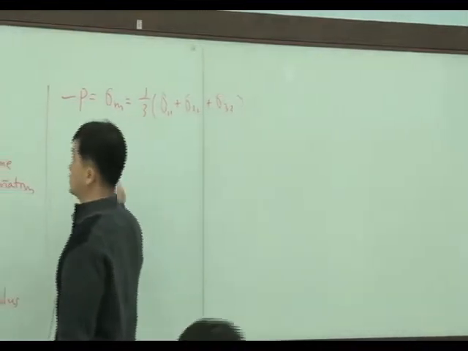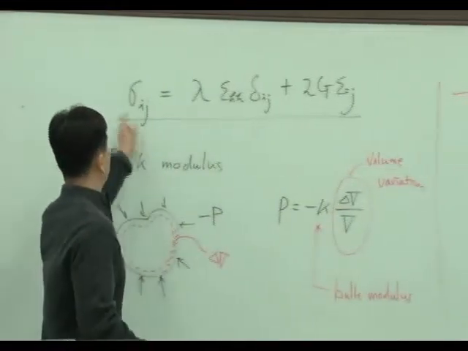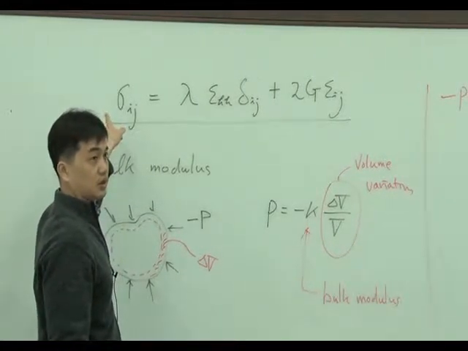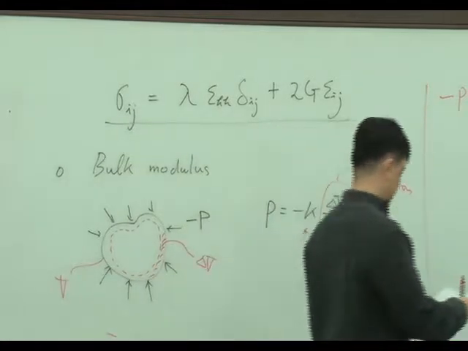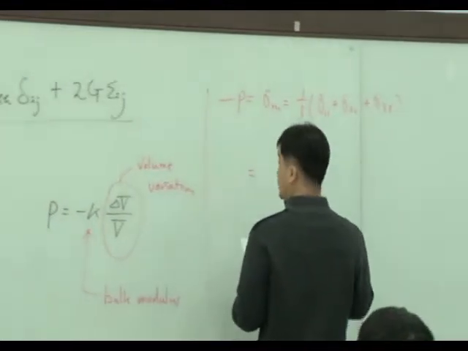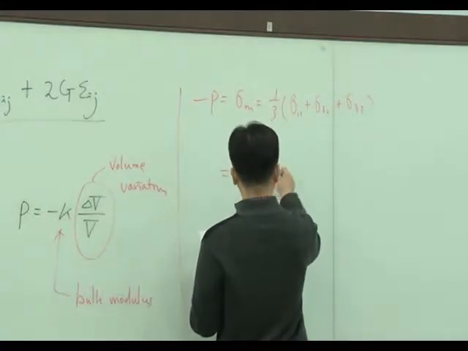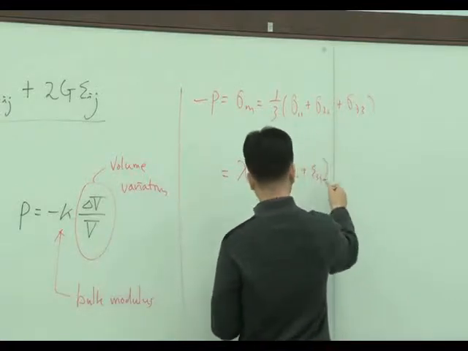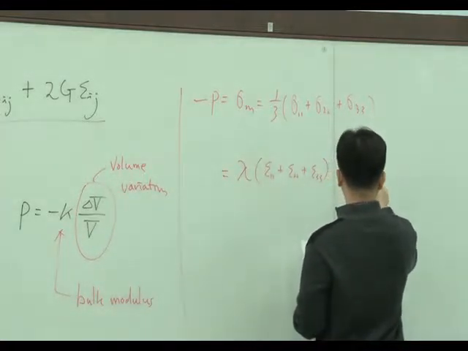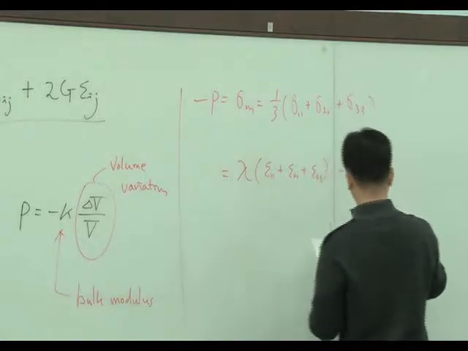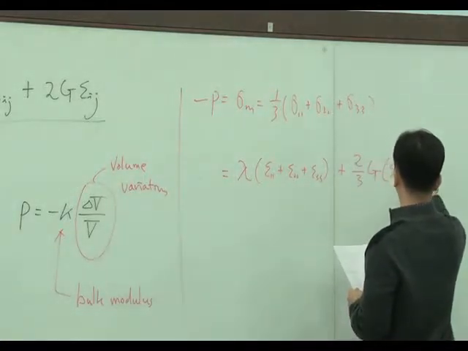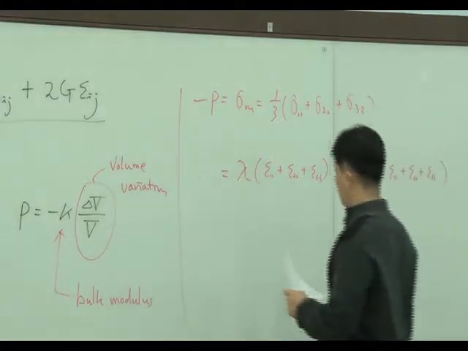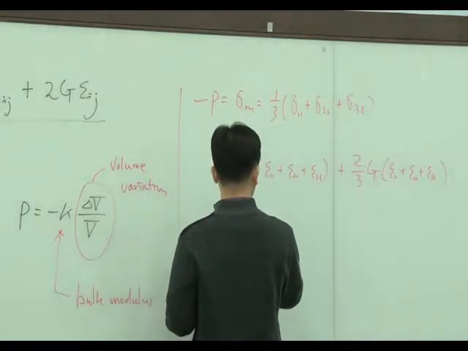Here let's sum the normal stress components 11, 22, 33 using this equation. Then we will have lambda plus 2 over 3 G times strain e11, 22, 33.